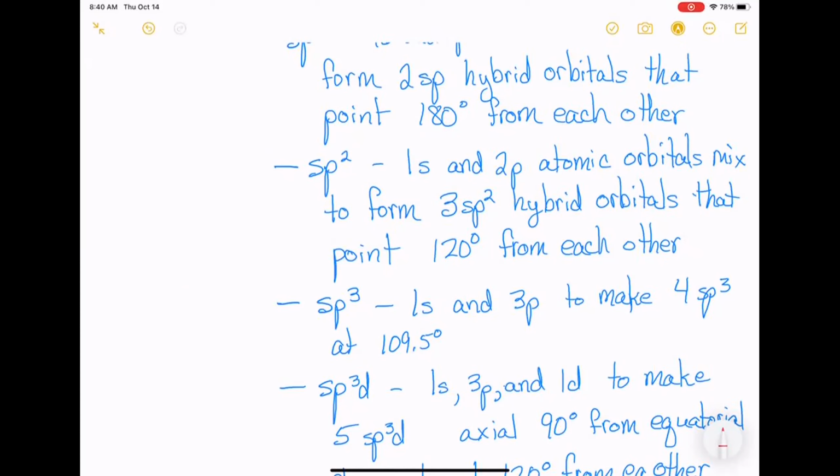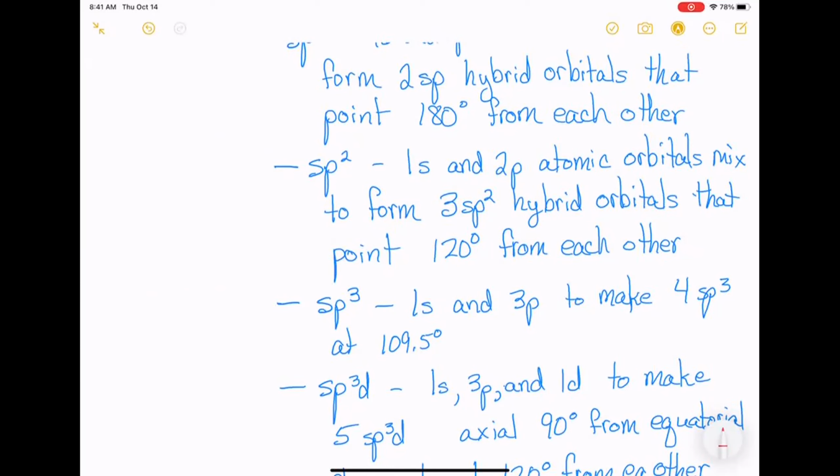Now, when you get to period 3 elements that can have an expanded octet, we have the availability of the D subshell. Yes, if you're just talking about period 3 elements, we have not filled the D subshell, but it's there. As soon as you open up that third shell, you get the S, the P, and the D. They may or may not be filled, but they're there.